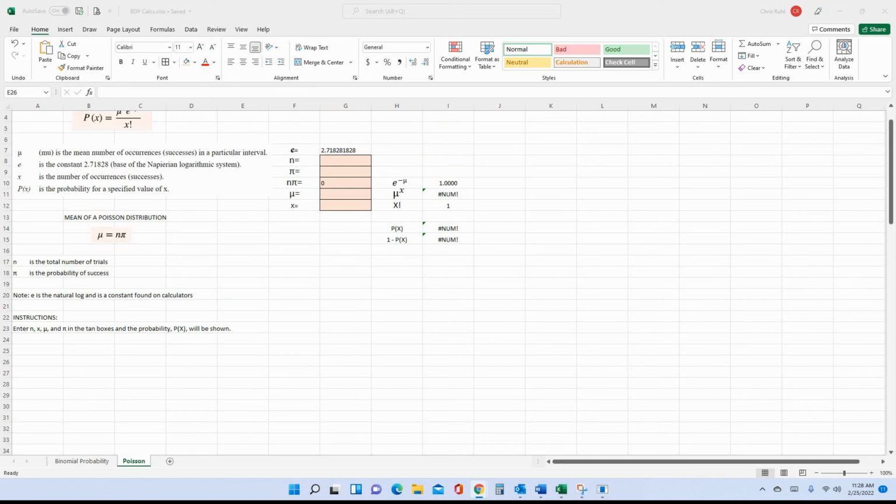All right, first of all, we need to figure out mu, or the mean number of bags lost per flight. We had 20 bags lost over 500 flights.